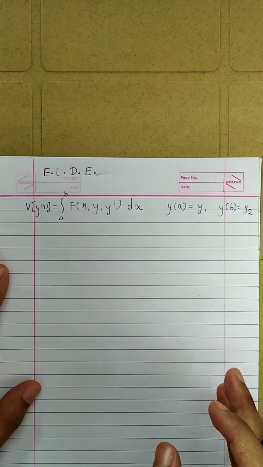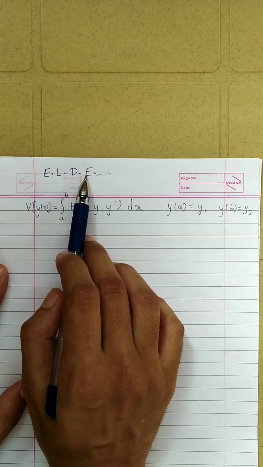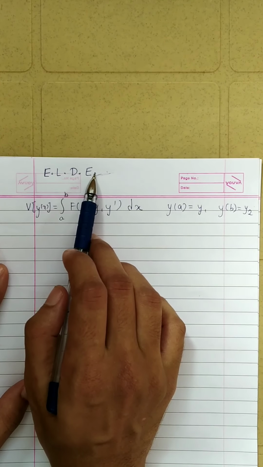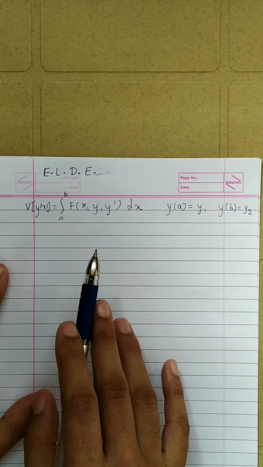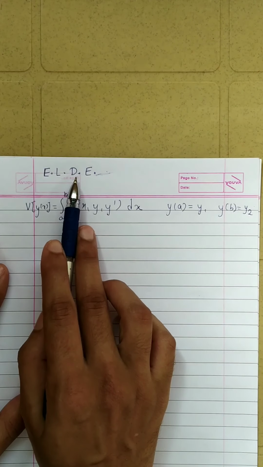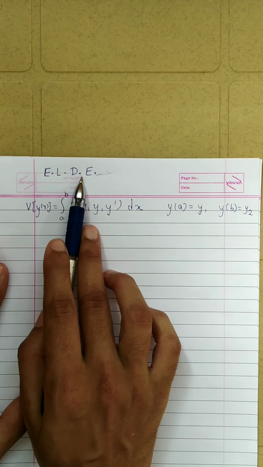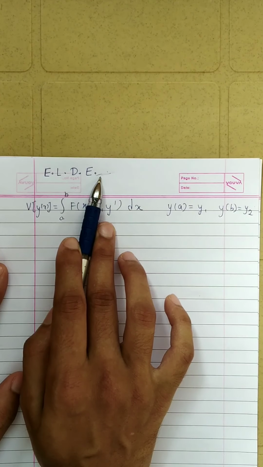It is not necessary that the extremal will be attained on all the curves, but if it is attained, then it will be attained only on the curves which satisfy the Euler-Lagrange differential equation.